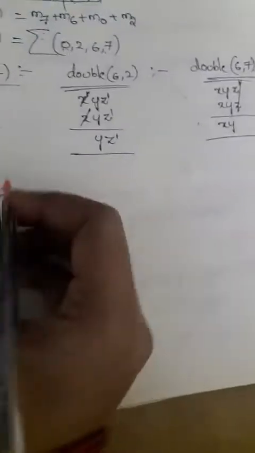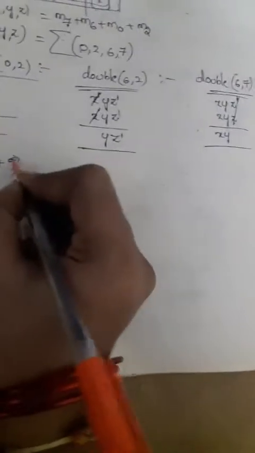So finally, the prime implicants for this function F are x y, plus x complement y complement z complement, plus x complement y z complement. For this function, what is the result?